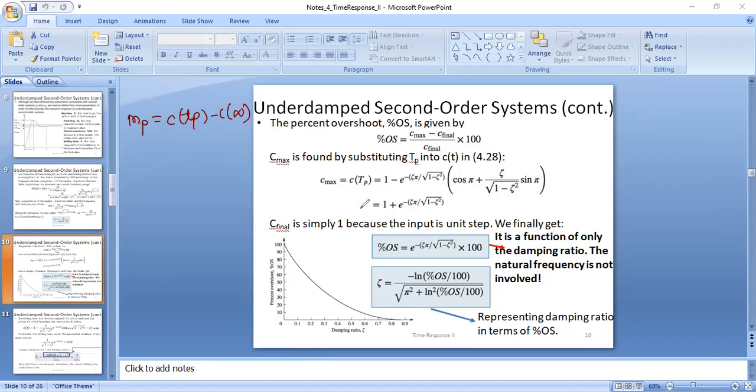I'm not telling you how these things come; you can just write in your formula sheet. Percentage OS is this formula: e to the power minus pi zeta upon under root 1 minus zeta square, into 100.